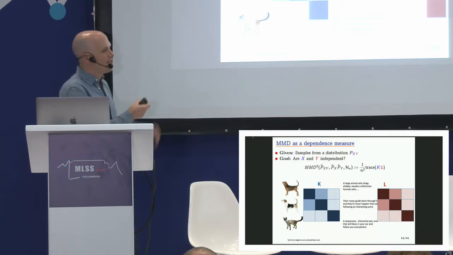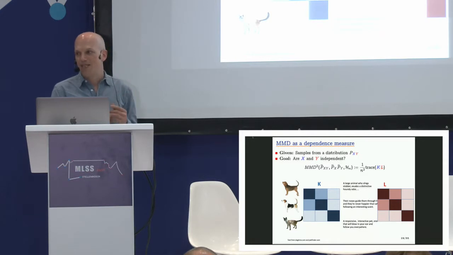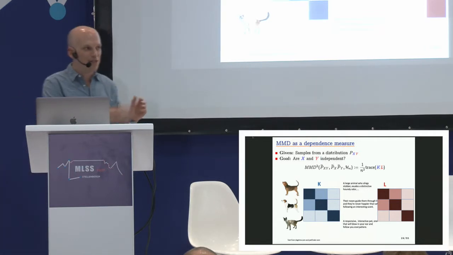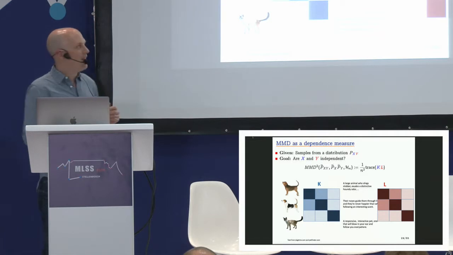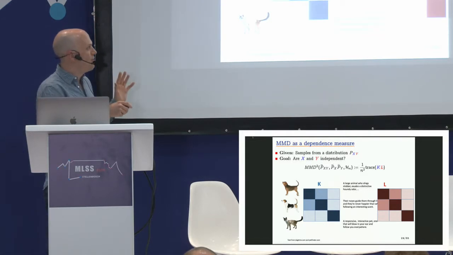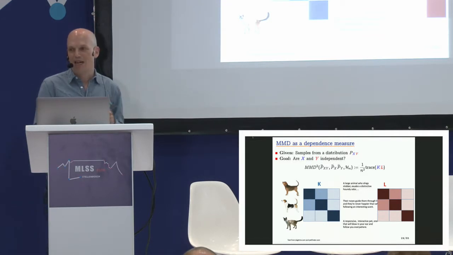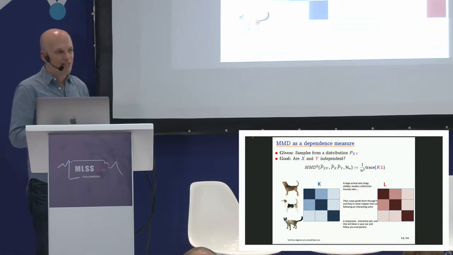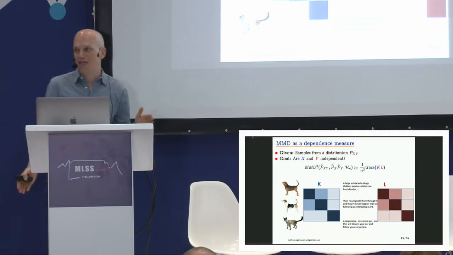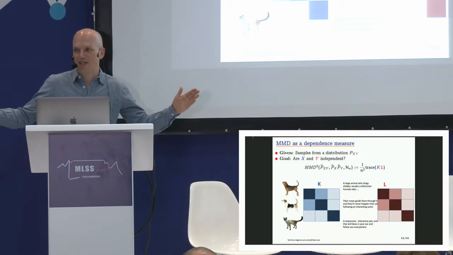So if this pattern occurs again and again in the K and L matrices, then we could conclude that the pictures and the captions are related. Because if a pair of images is similar, then their captions are similar. If a pair of images is different, then their captions are different. How do I determine how similar these two matrices are? I just take their matrix dot product, which amounts to unrolling both matrices, treating them as vectors, and then taking the vector dot product.